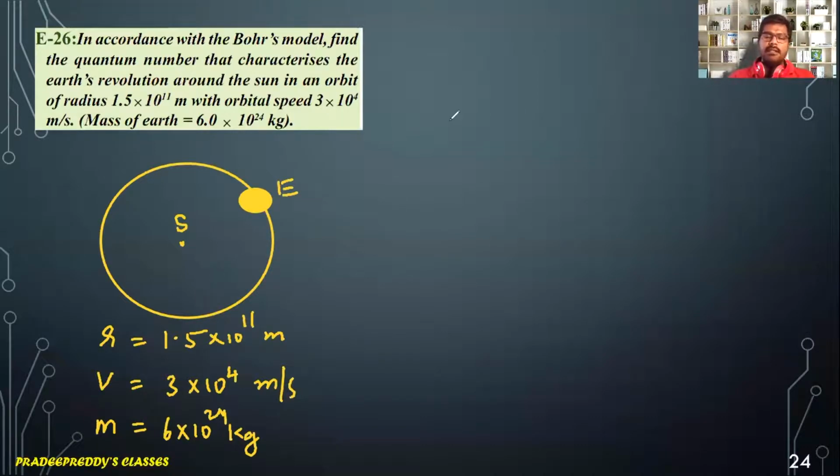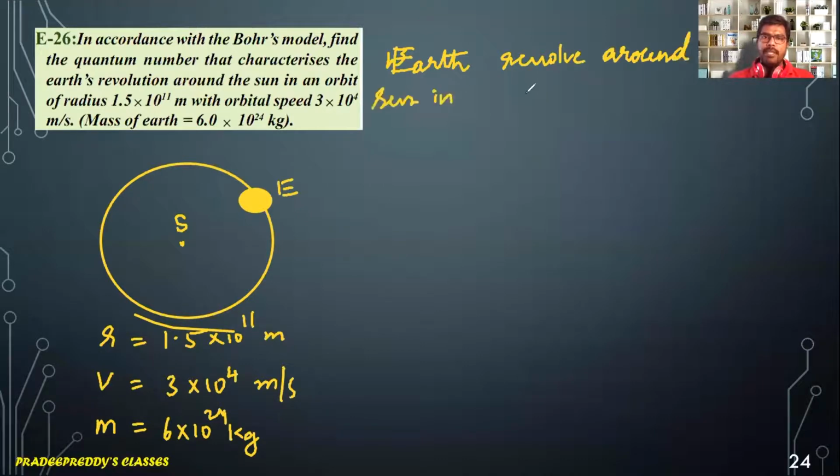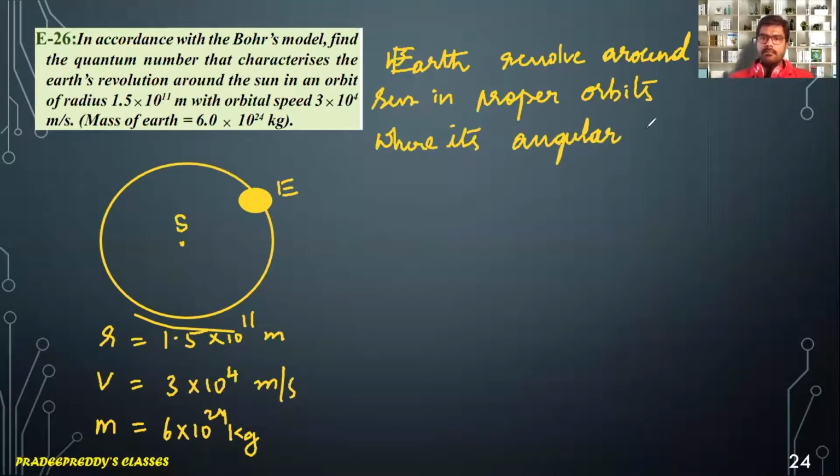Therefore, Earth revolves around the sun in proper orbits where its angular momentum is quantized.